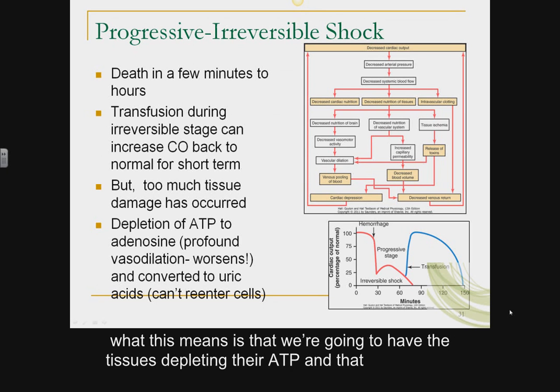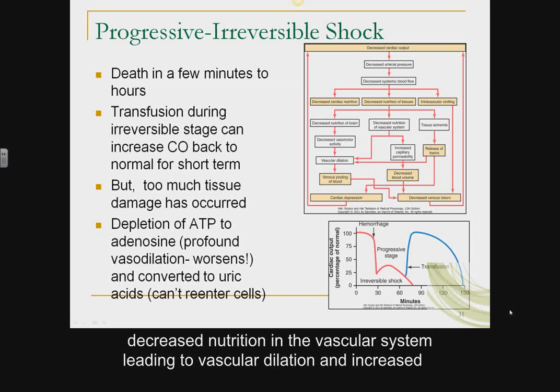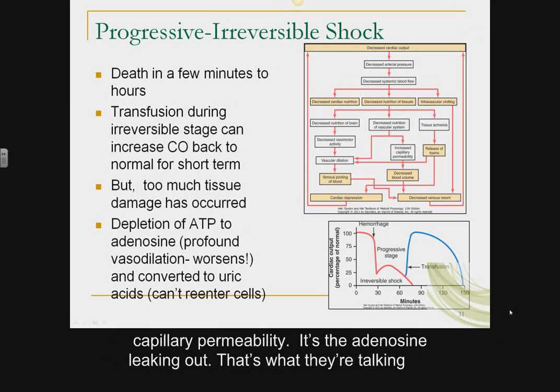Basically what this means is that we're going to have the tissues depleting their ATP, and that means the release of adenosine from the cells. That's what they're talking about with decreased nutrition in the vascular system, leading to vascular dilation and increased capillary permeability.